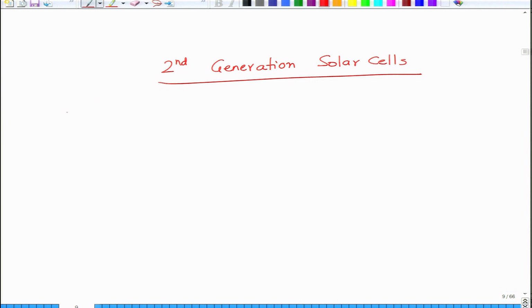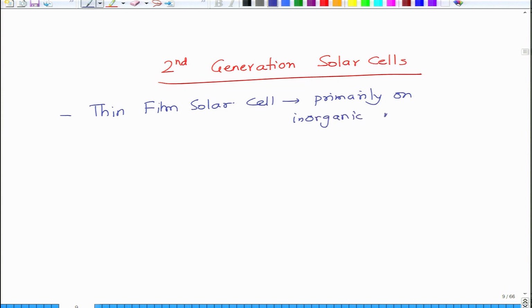Second generation PV technologies mainly revolve around thin film solar cells, primarily based on inorganic materials. And the idea to use thin films is because you don't require such a large volume of material for absorbing the amount of light that you can actually absorb.